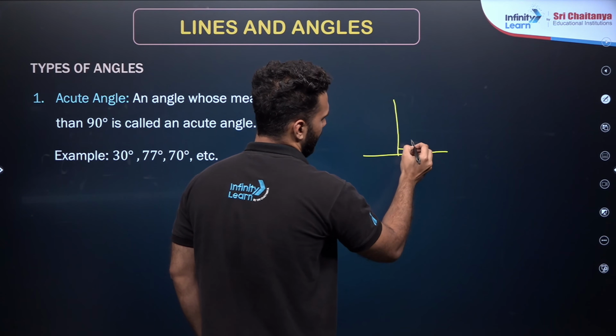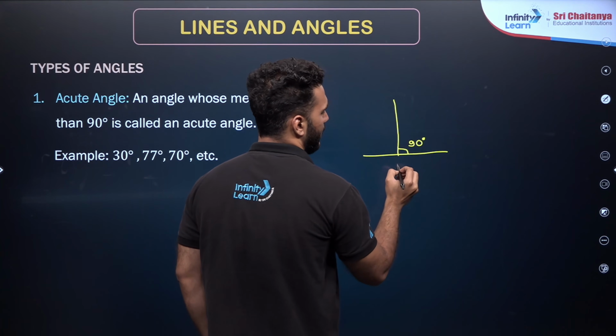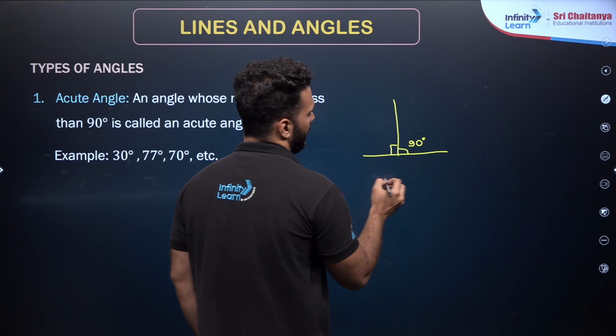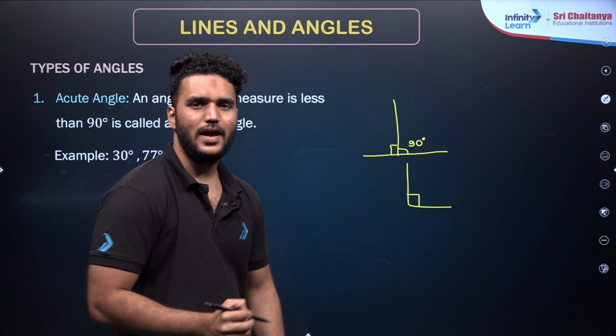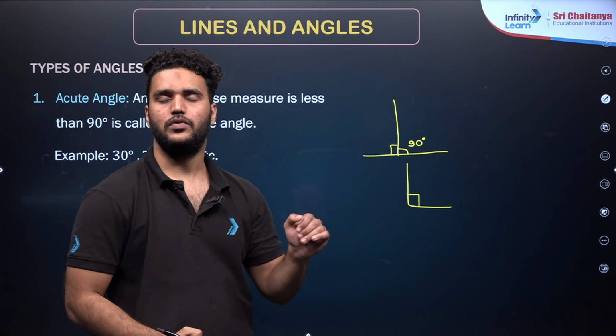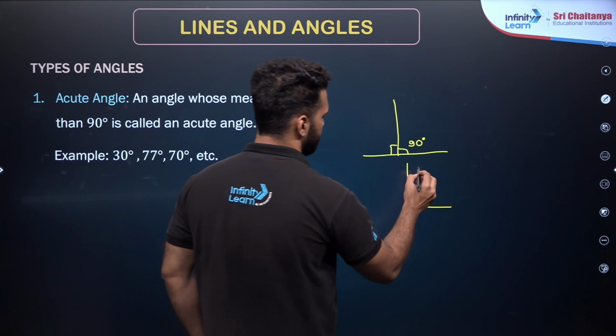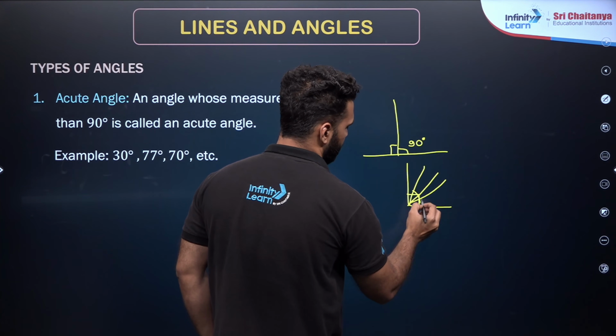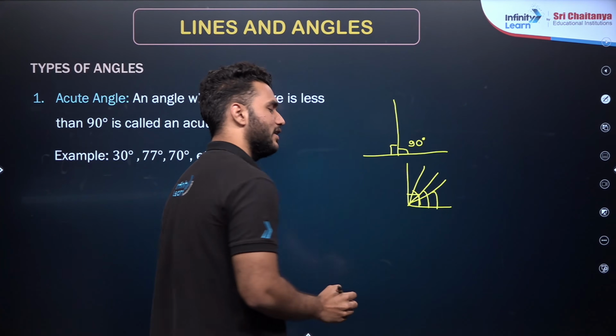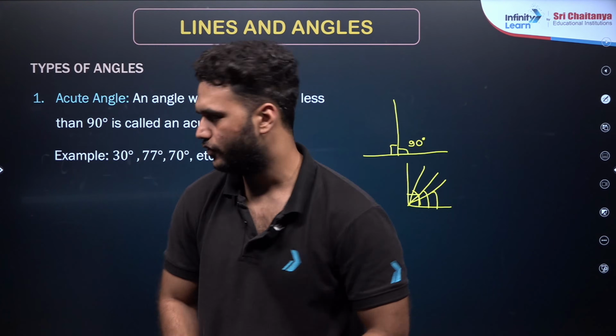So this is 90 degrees, and this is also 90 degrees, and we represent it like this. Any angle which is less than it, like this, all these angles are less than 90 degrees, known as acute angles.